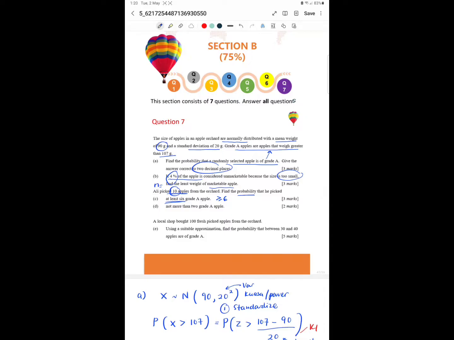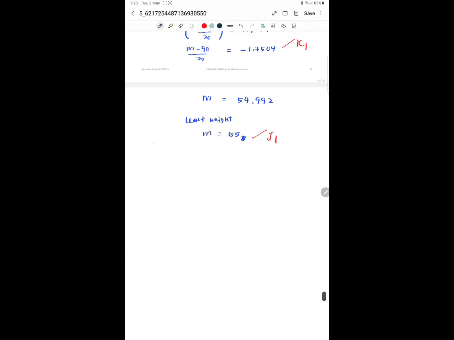That is from question A, because it concerns grade A apples. So for question C, Y is binomially distributed with n is 10 and the probability is 0.2. The question asks for at least 6, so we can look straight from the table, 0.0064. The marks given are B1 for at least 6, K1, J1.